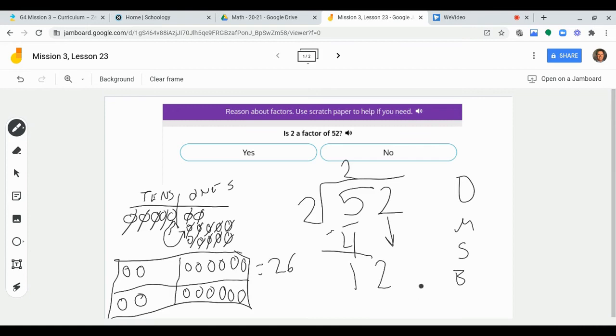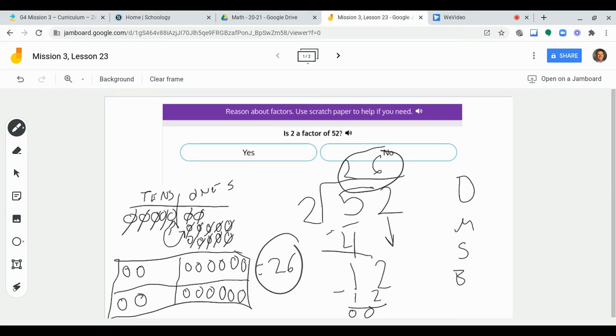I had 12 ones. Now I divide 12 divided by 2, because I'm starting the process over. 12 divided by 2 is 6. 2 times 6 is 12. I subtract them, 0. Nothing left to bring down. So 52 divided by 2 equals 26, as we've seen here.